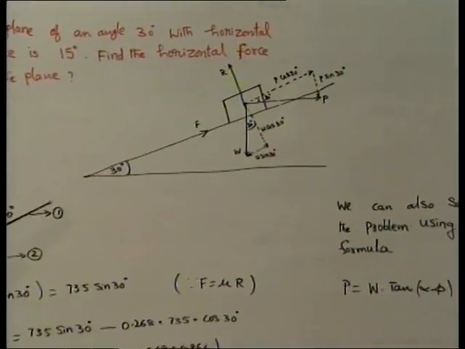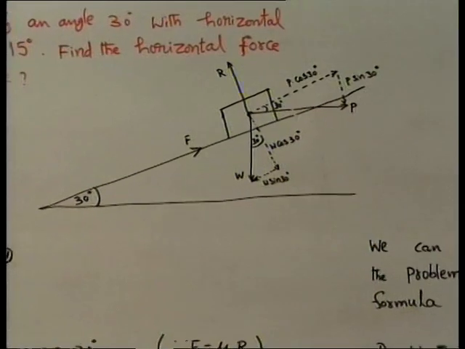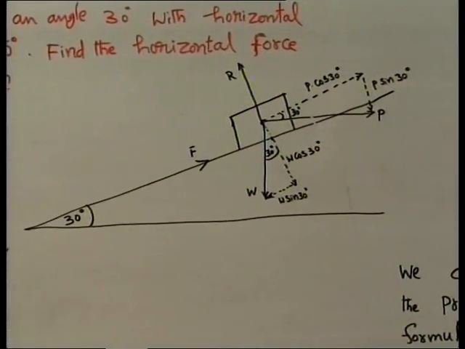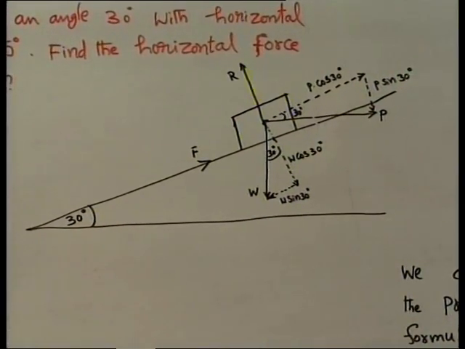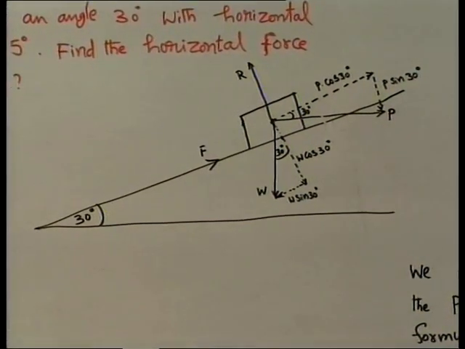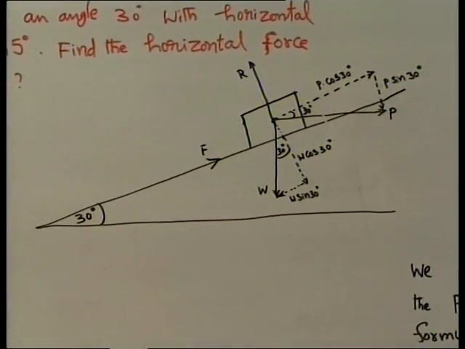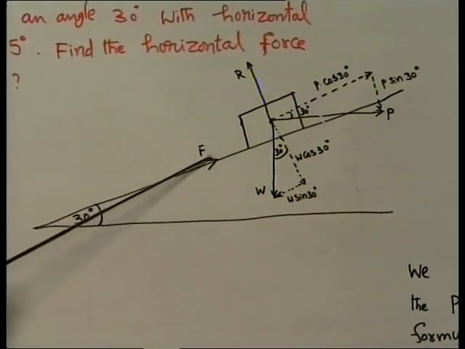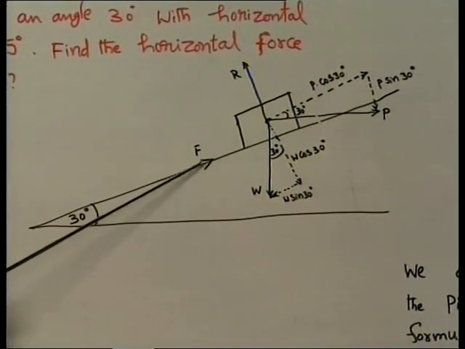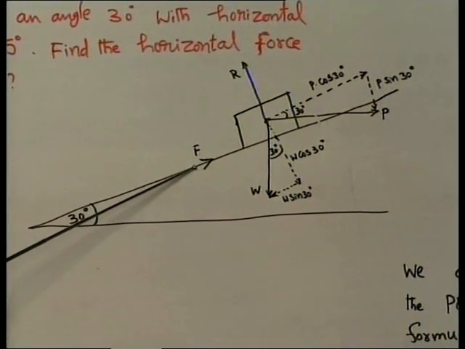Now it is an inclined plane, the angle is 30 degree with the horizontal, a body is resting, and the body is sliding down, therefore the friction is opposite to the sliding down, so the direction of friction is very important.